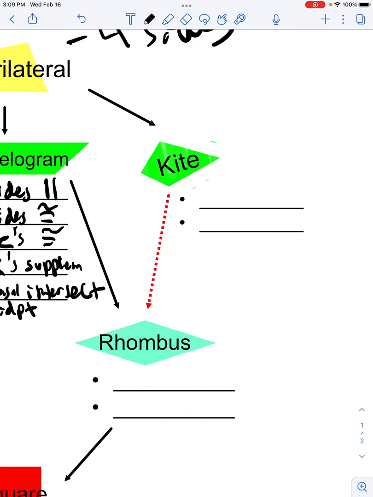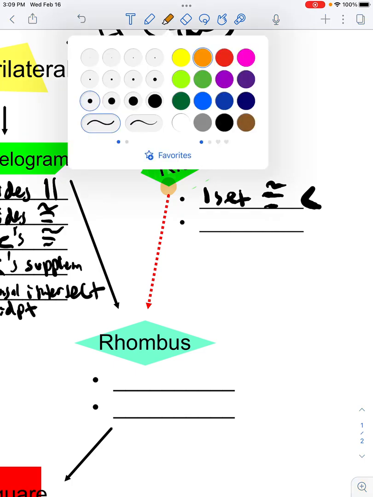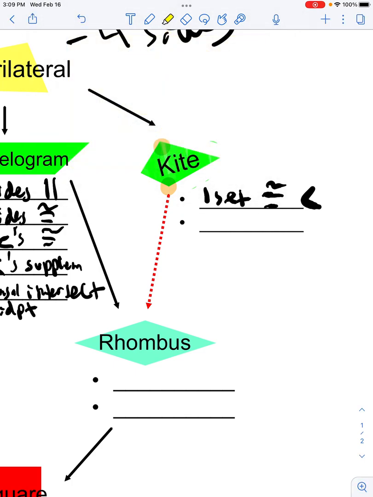And then for our kite, we have a few properties. We have 1 set of congruent angles. So 1 set congruent angles. And those are going to be like our non-vertex sides. So those 2 angles. These second sets, this one and this one, are not congruent. So not congruent, those 2 angles.